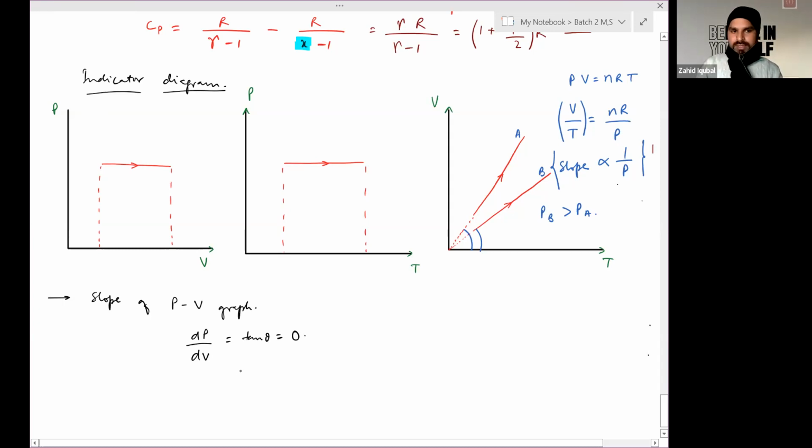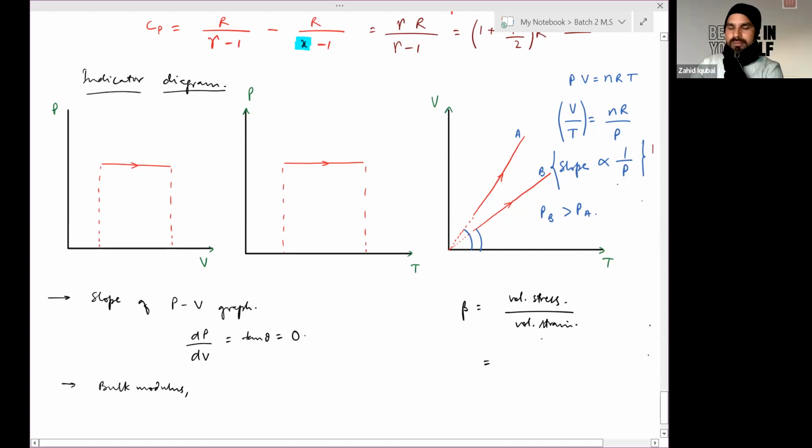Now, related to this slope, we have to define bulk modulus. You must have learned in the chapter mechanical properties of solids, where I defined bulk modulus equals volumetric stress divided by volumetric strain.